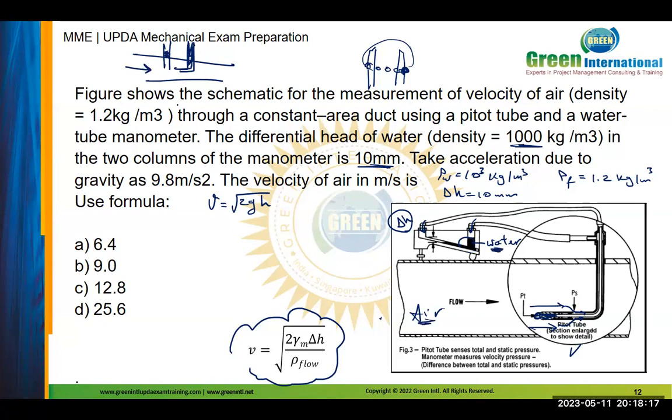Laser Doppler anemometer is used to measure velocity.